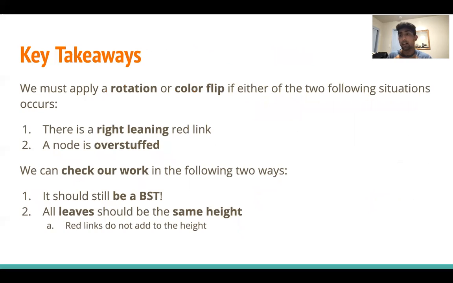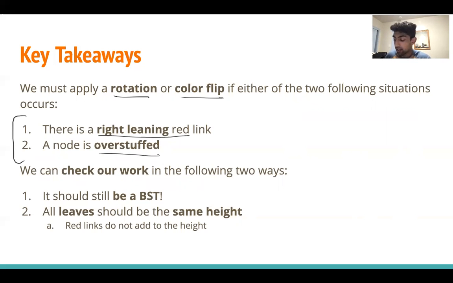So a final thing, last slide, I promise, are a few key takeaways: when we have some sort of insertion into an LLRB, we need to apply a rotation or a color flip if one of these situations occurs, right? If we have a right leading red link or a node is overstepped, right?